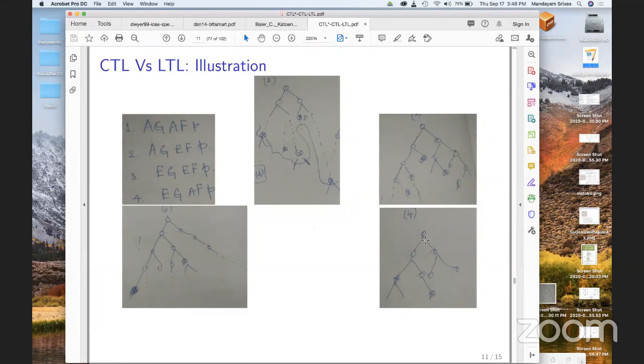Every path originating from that should have P becoming true eventually. So this certainly does not satisfy; I mean, the way my marking is wrong. Do you agree? Because I only have here and here, so certainly this is the path I had in mind.